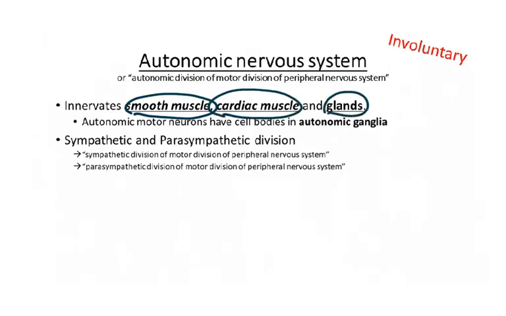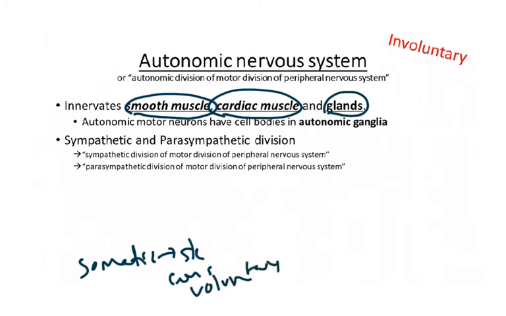So unlike the somatic division does your skeletal muscles. So that's what you think about for conscious moving and voluntary control. What the autonomic nervous system is going to do is going to be involuntary control. So sometimes I think of autonomic as automatic, because it's things that your peripheral nervous system does automatically.